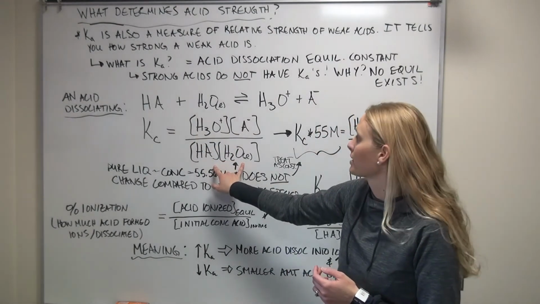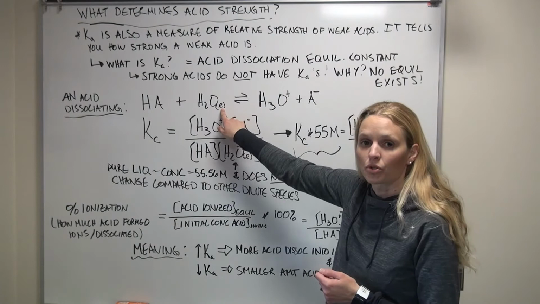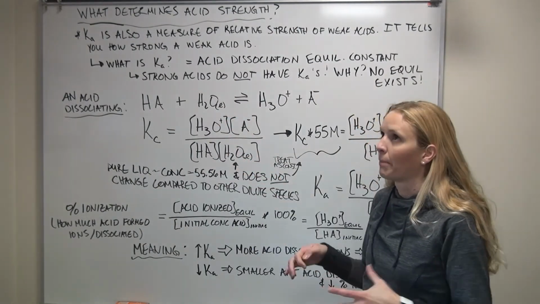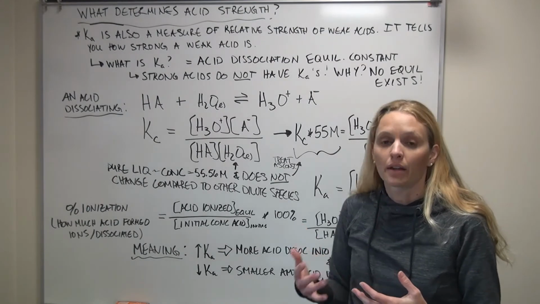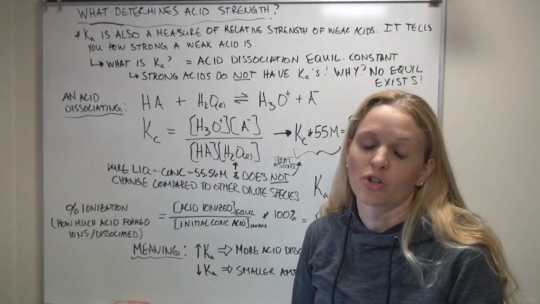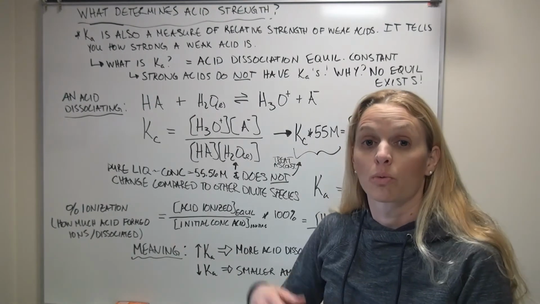And we learned previously that pure liquids and pure solids do not appear in the equilibrium constant because they are at much, much higher concentrations than the other species in the reaction, so we omit them because their concentrations are not going to change with respect to the others.